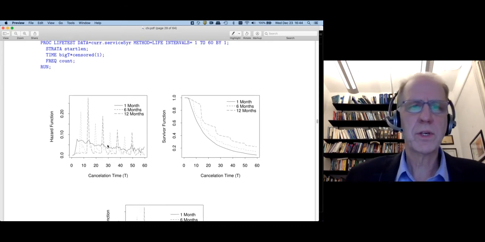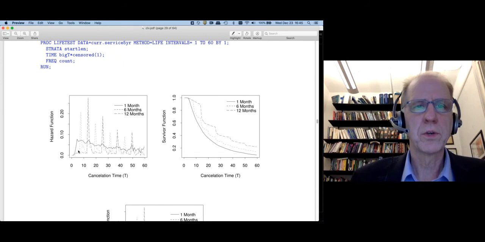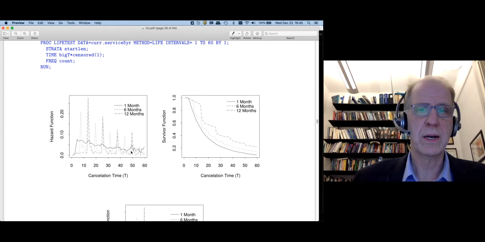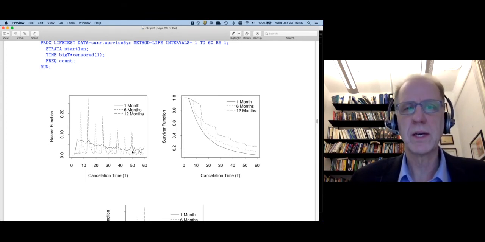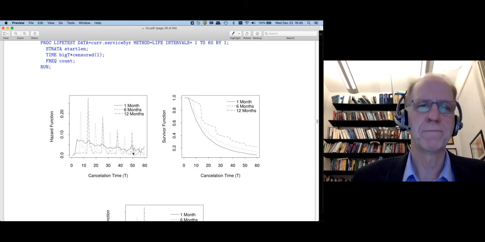It's kind of interesting to compare these. The solid line shows those who were on the 1-month contracts. And what you see is that there's a fairly high hazard rate at first, but then it declines over time. So it's very common to see that declining hazard function the longer you've been a customer.